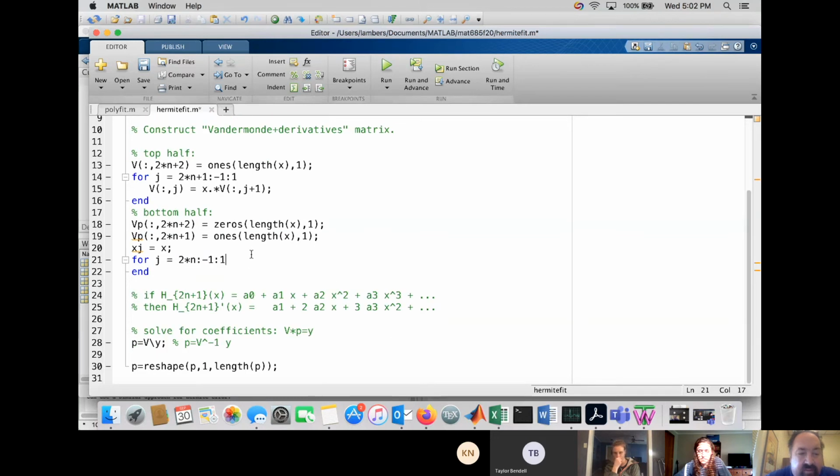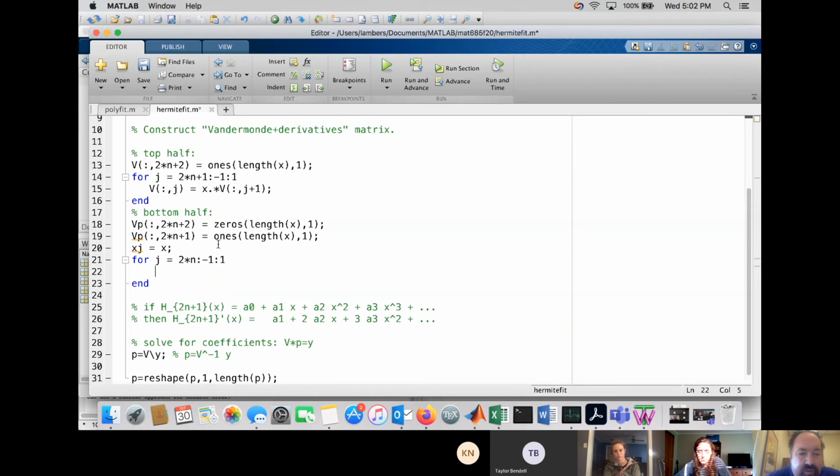And in my loop I'm going to multiply by x. Oh, wait. Okay, yes. Now, I filled in this column, this column, and this column. The next column is this. That's supposed to have 2 times x.